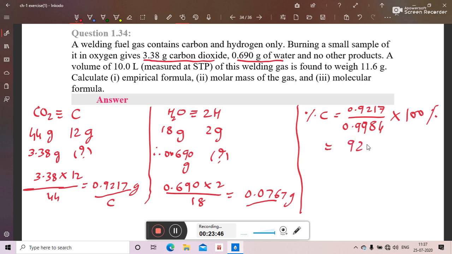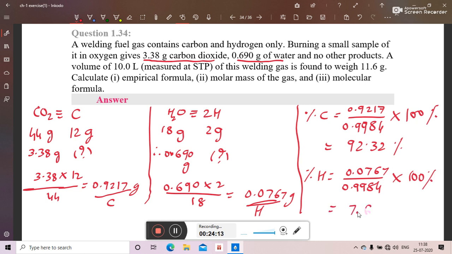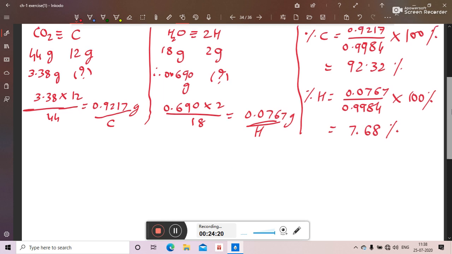That will be equal to 92.32%. And percentage of hydrogen equal to, in the numerator, mass of hydrogen 0.0767 divided by total mass of carbon and hydrogen. So that is 0.9217 plus 0.0767, which is 0.9984 into 100%. So that will come out as 7.68%.